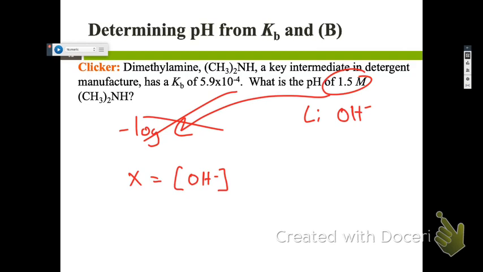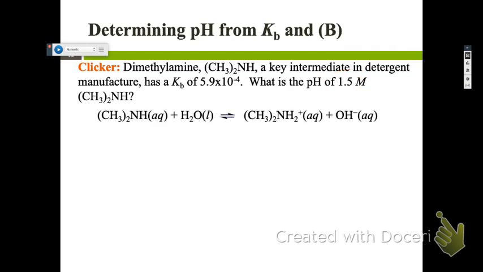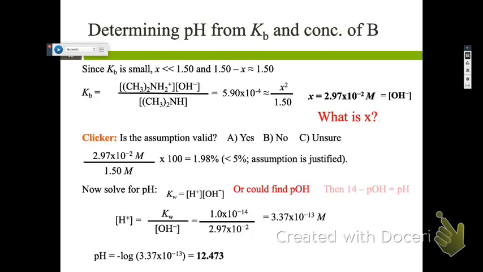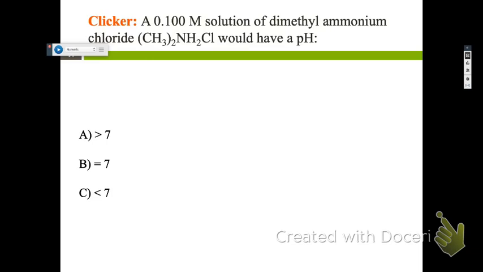Be really, really careful. The last thing I'm going to leave you with, because it's going to be on our pre-class quiz, is this question right here. What would the pH be of a solution of dimethylammonium, two methyl groups, what does that tell you?